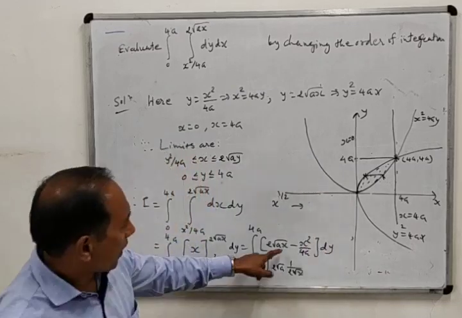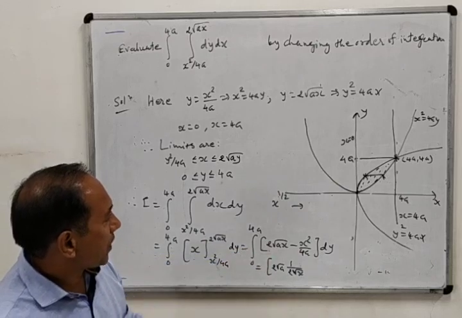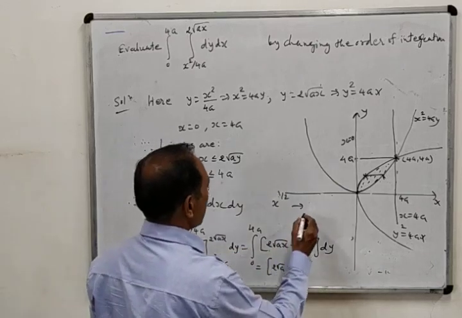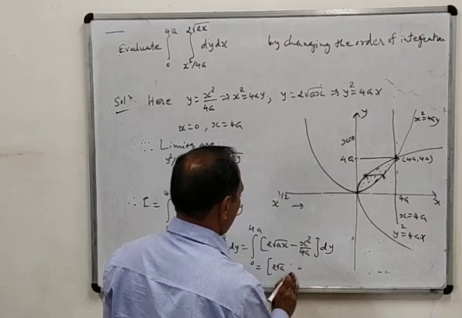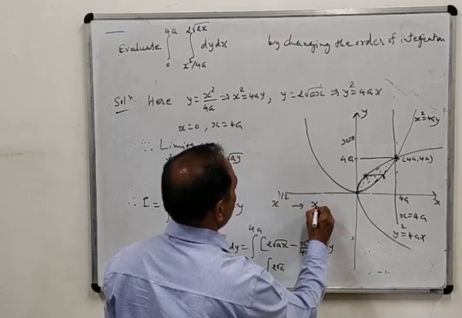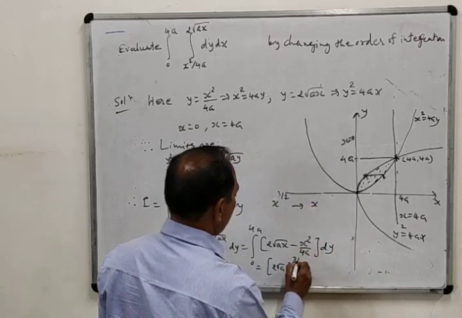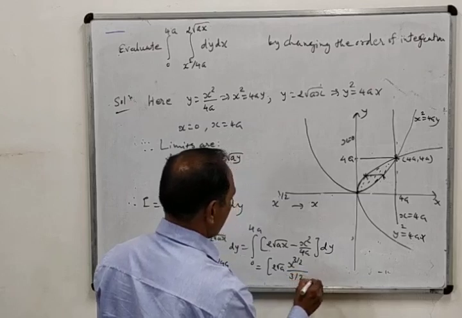So what is the integration of x raised to 1 half? It is x raised to 3 by 2 divided by 3 by 2. Okay.